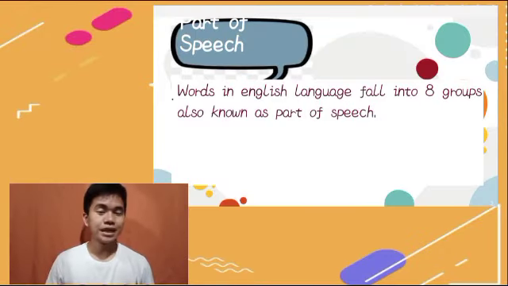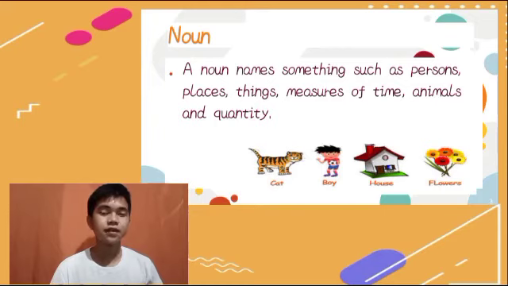It is that words in the English language fall into 8 groups, also known as parts of speech. Each word can be classified as belonging to any of these groups depending on how a particular word is used in the sentence. Just think of it like a puzzle that we are putting together so that we can make a sentence.